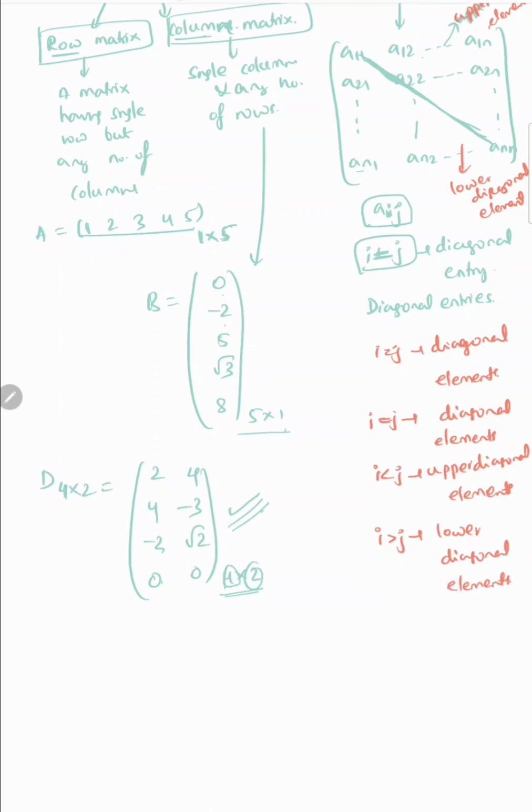So these are some terms associated with the square matrix: the diagonal entries, upper diagonal and lower diagonal entries.